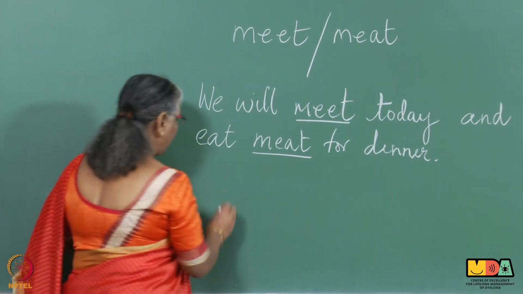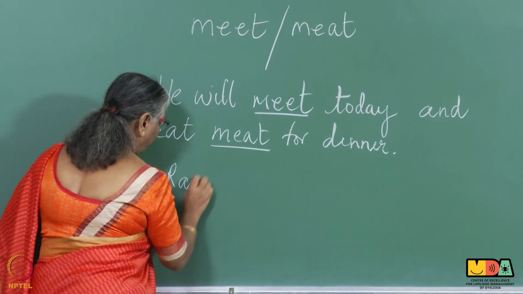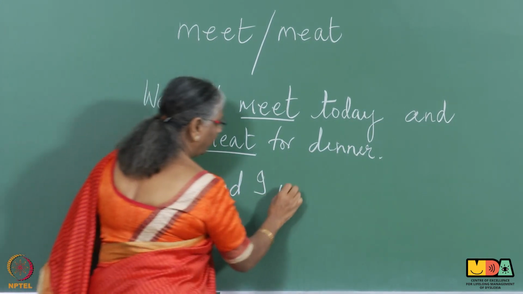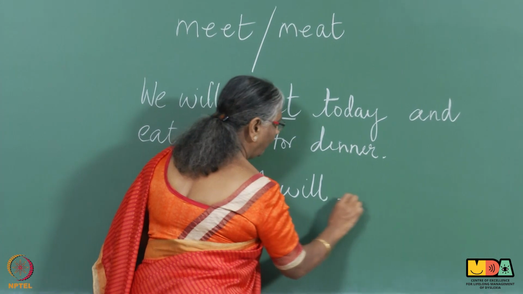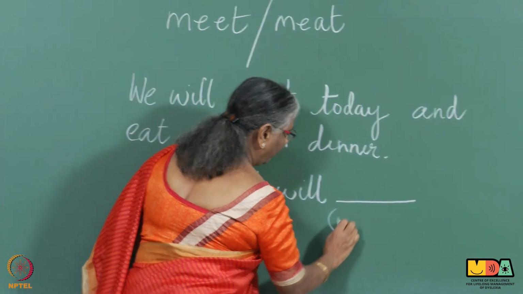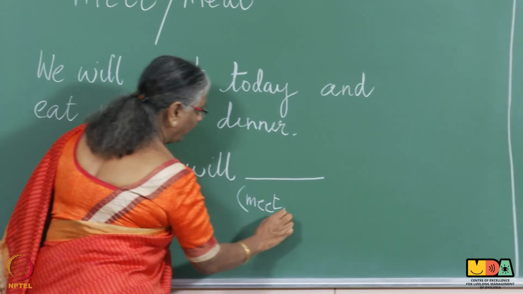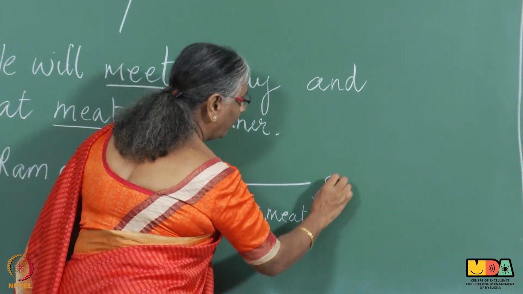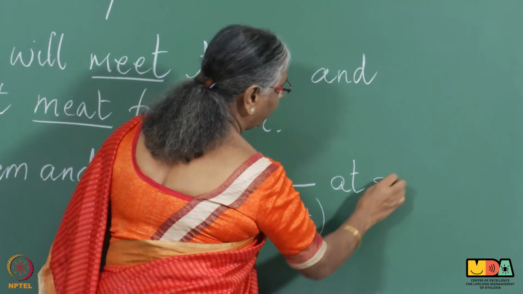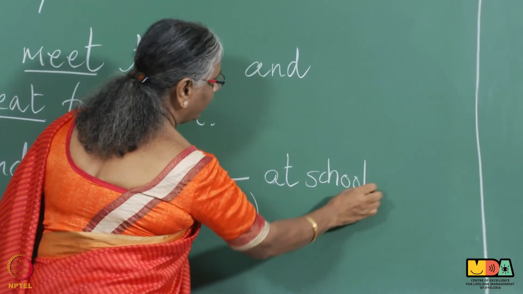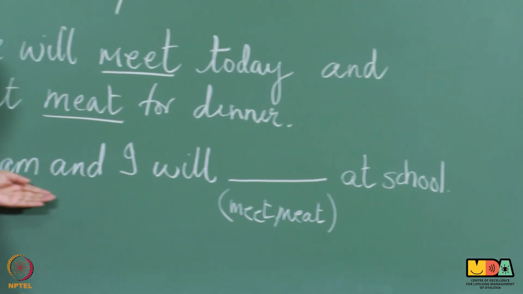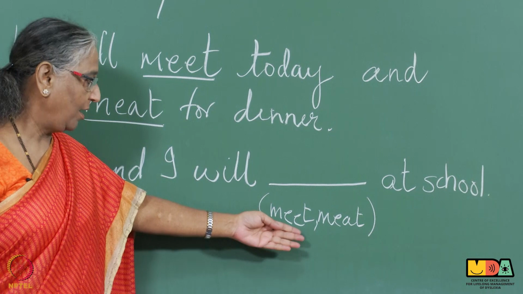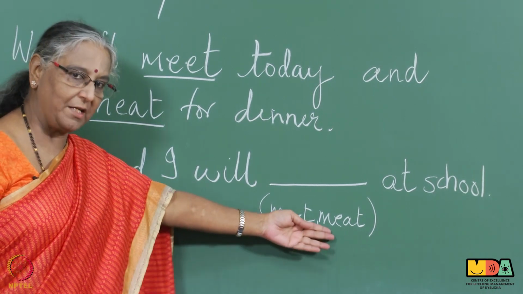So, my sentence will be, Ram and I will blank at school. Now, the child has to choose, is it meet or is it meat.